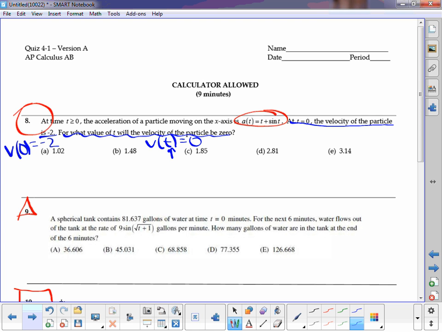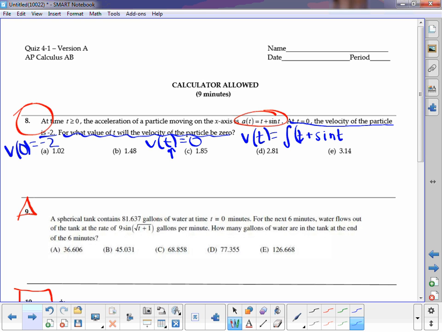Okay. Now they gave me acceleration, so I need to find velocity. How do I find velocity when given acceleration? You integrate it. Yeah, we integrate it. Alright, now here they gave us a function we can actually integrate, t plus sine t. So I'm going to go and write that in there.